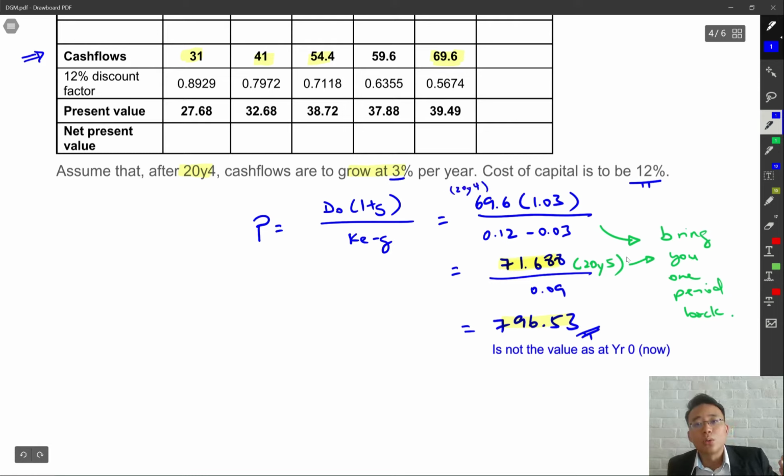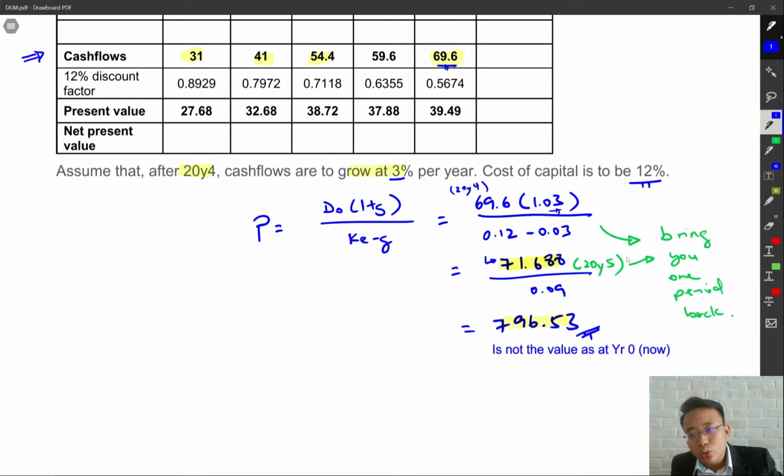Some of you, as you're watching the video, might be thinking, isn't it 20Y4, 69.6 here? Yes, but we want to grow it by 3%, don't we? Because we are aiming for the 20Y5 cash flow.